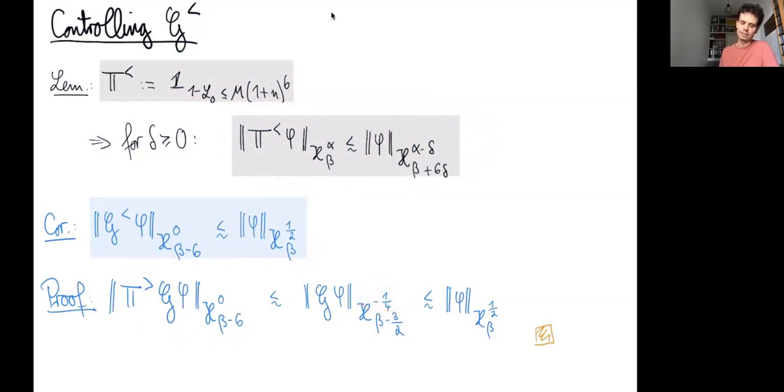We have to pay 6 times this in the lower variable. So 6 times 1/4 is 3/2. So we lose 3/2 here. And now we use the estimates for this guy here. So minus 1/4 is 1/2 minus 3/4. 1/2 was in the range of parameters that we can plug in. So we can estimate this by the H1 half beta norm. And so this is what I claimed.